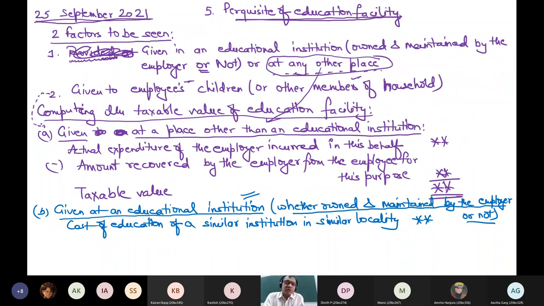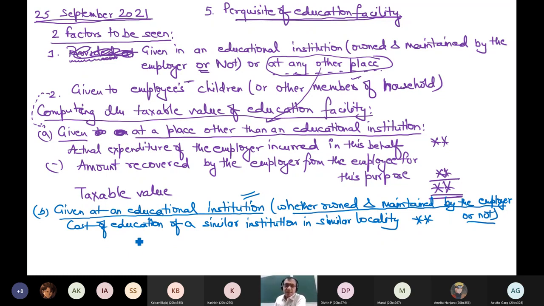If you take the cost of education of your own institution where the child is studying, then there can be chances of tax avoidance. They can manipulate the fees and show less fees. But when you take the cost of education in a similar institution in a similar locality, then fee manipulation is not possible. This is what my saving is. So the rule says, had your children not been studying in the institution where you have been given the facility, this would have been the fee you would have paid in a similar institution in a similar locality.